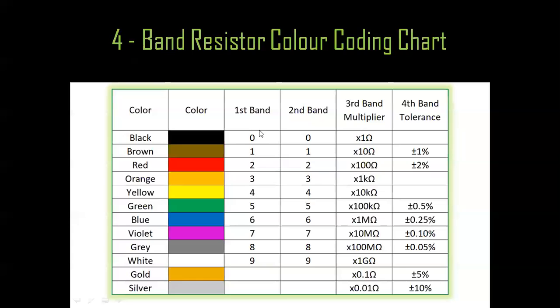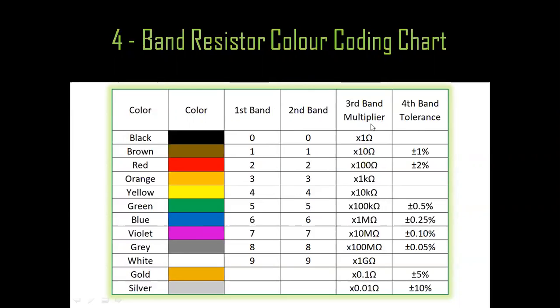Here, this table defines the relationship between the different colors and the values that are represented by that particular color. Now, the first 2 columns of the table represent the first 2 color bands of the resistor. Depending upon the color of these 2 color bands, the value of the resistor changes.